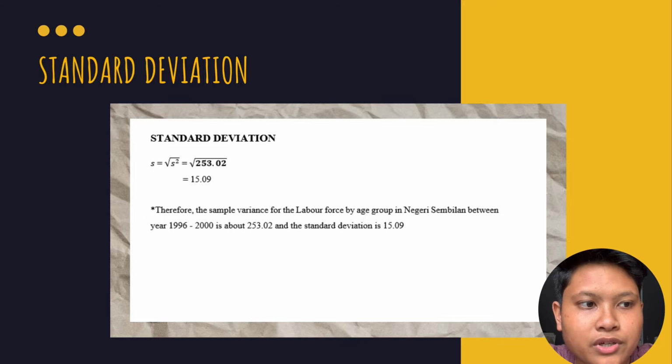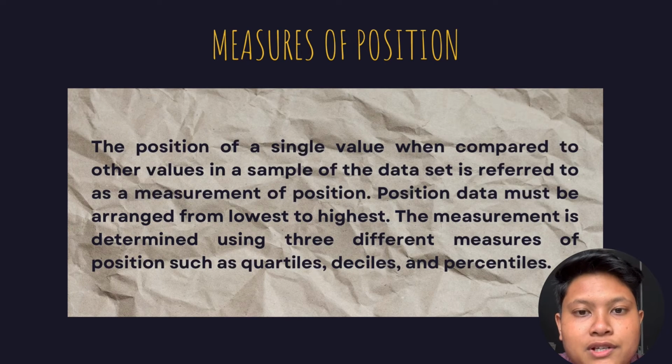So the value that we got from the data is the square root of 253.02, and therefore the sample variance for the labor force by age group in Negeri Sembilan between year 1996 until 2000 is about 253.02, and the value of standard deviation is 15.09. So for the next part, I will explain about measure of position.